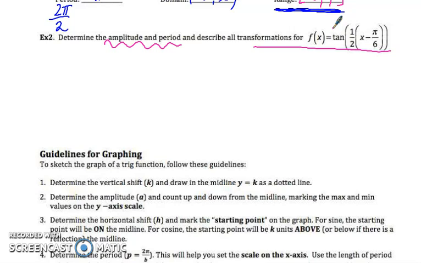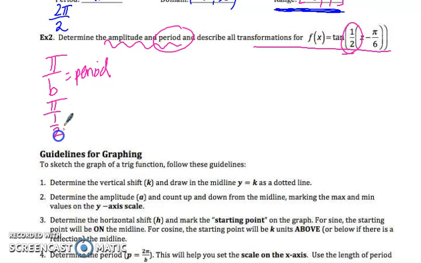So there is no amplitude for tangent. The period, remember, is pi over b, and this time our b is equal to 1/2. So it's pi divided by 1/2, which is the same as pi times 2 over 1. So our period is now 2 pi.